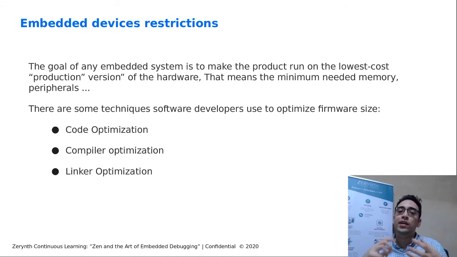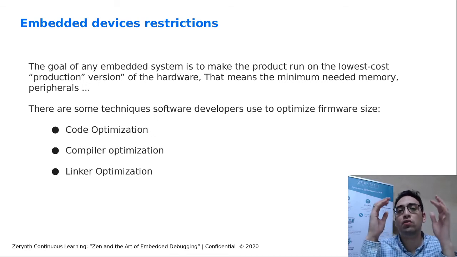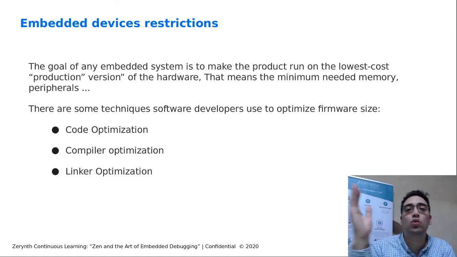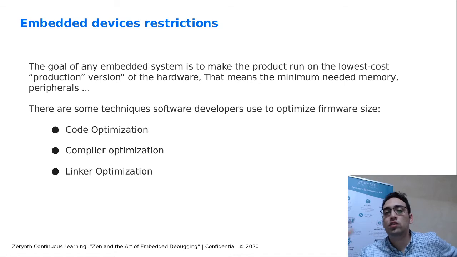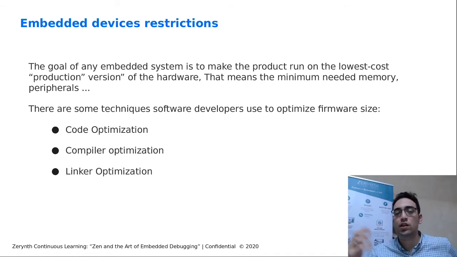So the goal of any embedded system is to run on the most optimized production version. That means that if you can optimize the code from a size of 200 kilobytes to 100 kilobytes, that's better. If you can use less RAM, make it more efficient, make it run faster performance-wise, that's better.